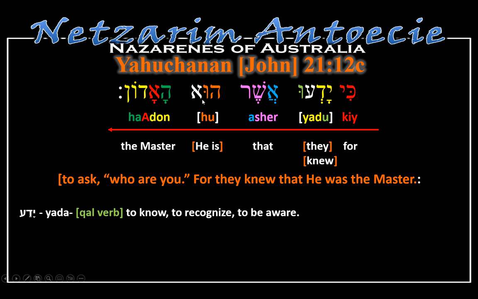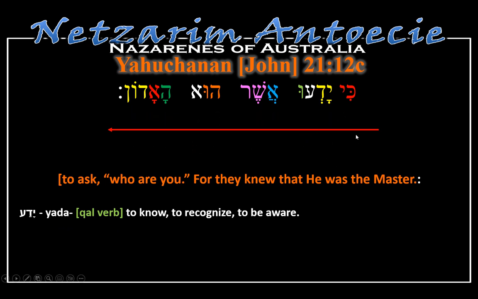They knew. Asher that, who, he or he is, or he was, ha'adon, the master. So to ask, who are you? That's from the previous. For they knew that he was the master. And I've given you yada, which is a kal verb to know, to recognize, to be aware.